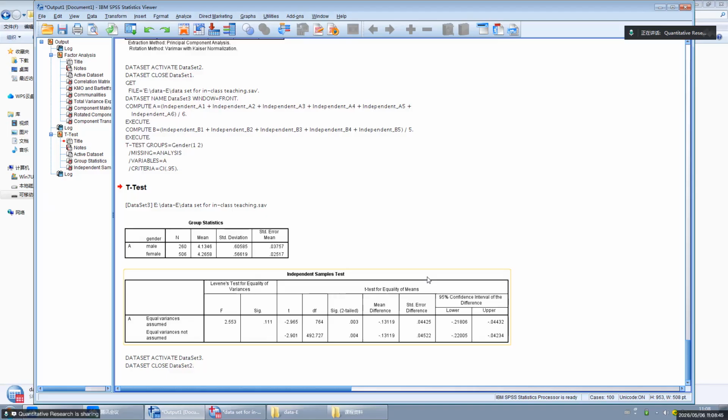The mean score for male is 4.1, and the mean score for female students is 4.2, along with their standard deviations.